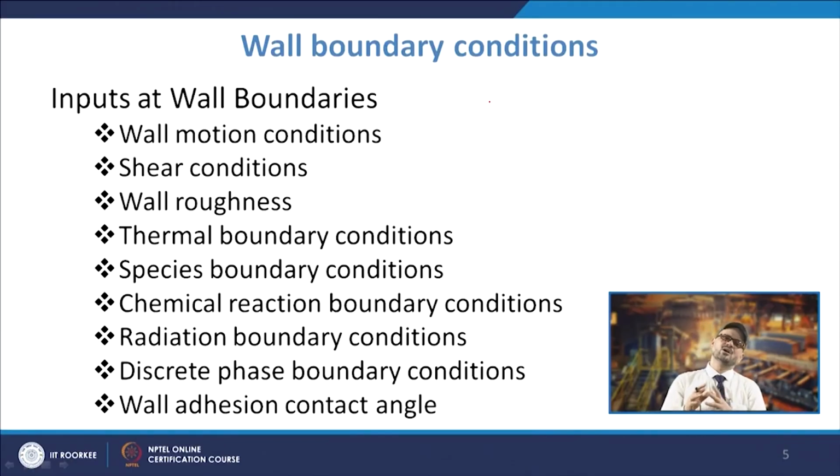Then the discrete phase boundary conditions, many a times we discuss for the discrete phase particles. We talk about the behavior of the discrete particle, and many a times we use the Lagrangian type of method for that. In that also you define a condition on the wall, that when this particle hits the walls, what type of conditions should be given: the wall may absorb these particles, the particle may stick to the wall, or there will be rebounding or reflecting.